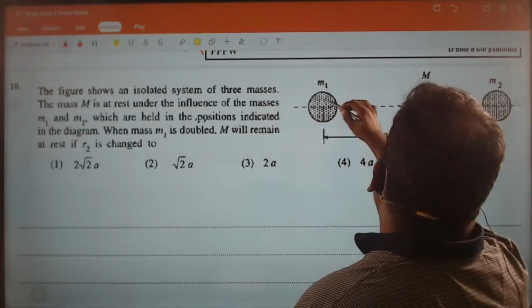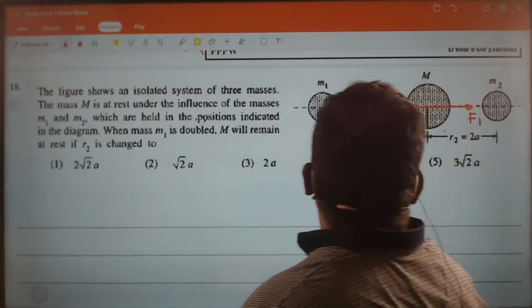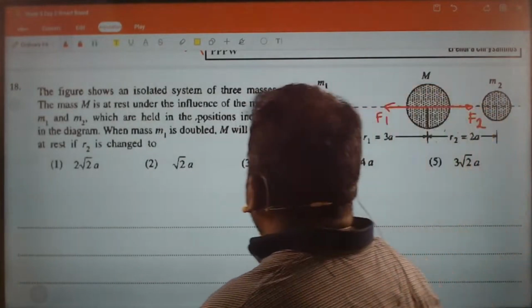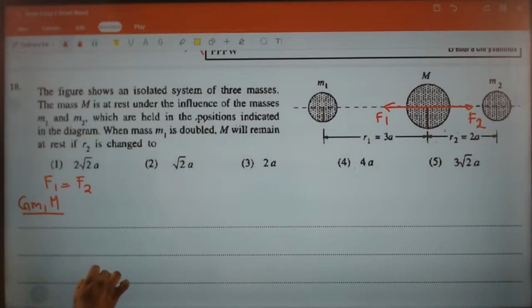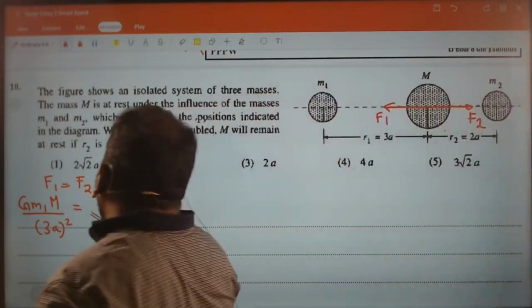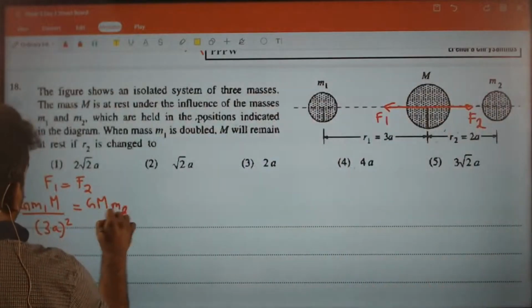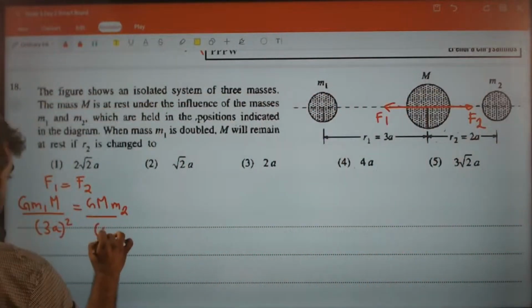Let's look at the forces here. Here there is an attractive force, and here there is an attractive force. So F1 is equal to F2. F1 is G M1 M divided by R1 squared, where R1 is 3A, squared. F2 is G M M2 divided by the distance between these two masses, 2A, squared.